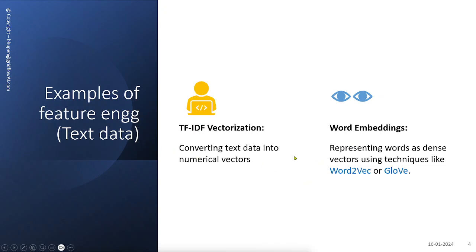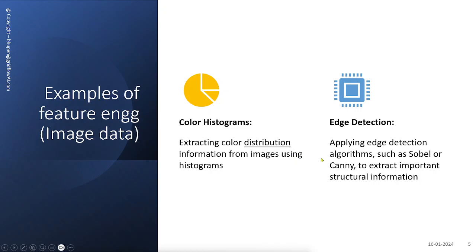So these are also examples of your feature engineering. Similarly, for image data, we might want to do feature engineering in terms of understanding the distribution of color pixels in the images, color histogram, and also finding out the edges in the pictures. So those are examples of your feature engineering for images.